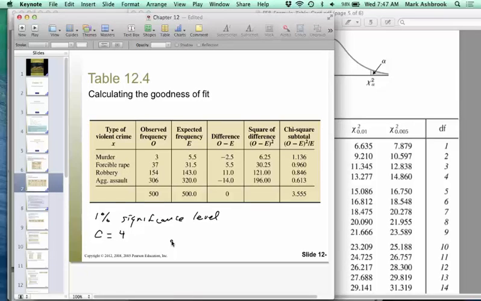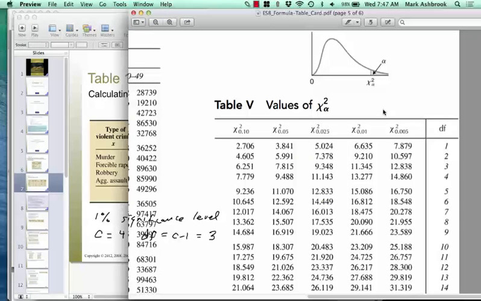So then the degrees of freedom is 3. We have 3 degrees of freedom, and we're looking at a 1% significance level, and we're going to get our critical value. So if it's 3 degrees of freedom at 1%, it's 11.345.